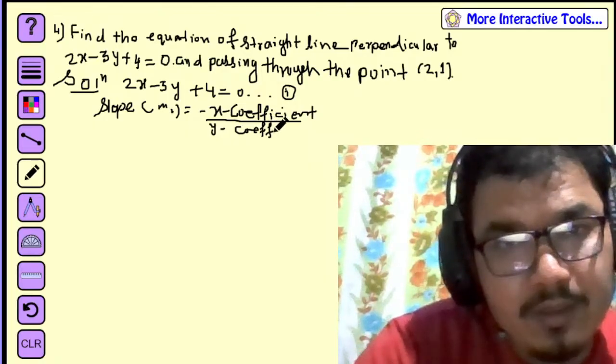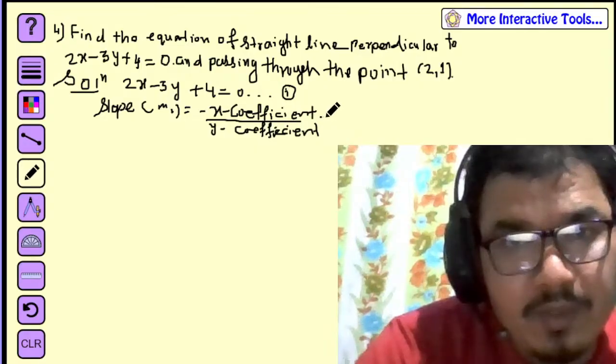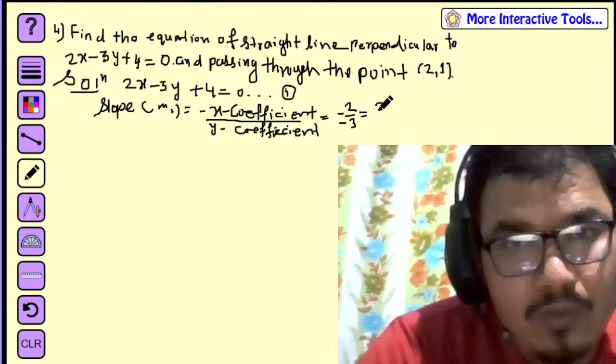According to this, 2 is the x coefficient and minus 3 is the y coefficient. Then its slope becomes 2 by 3.